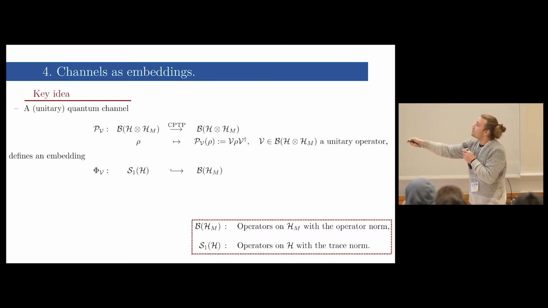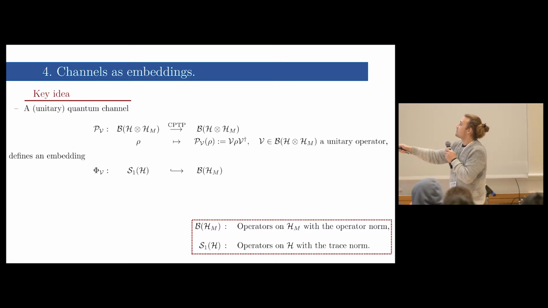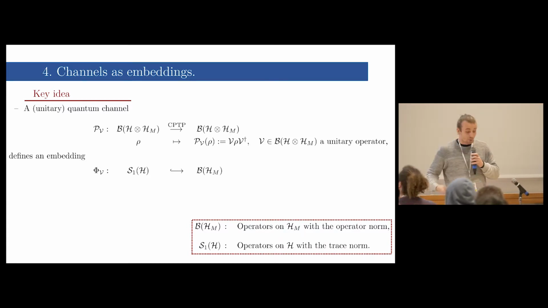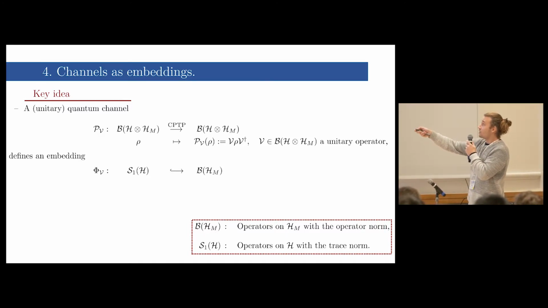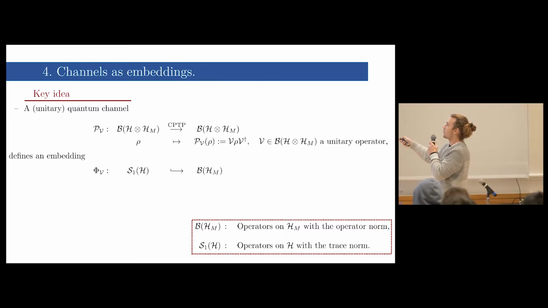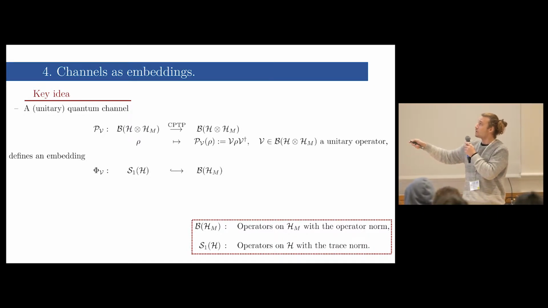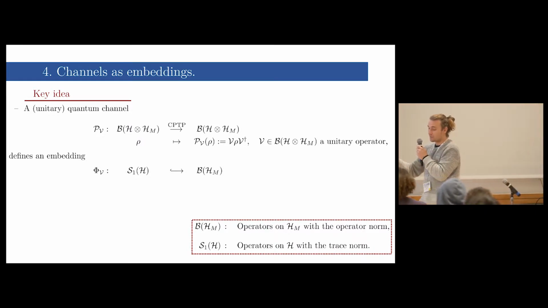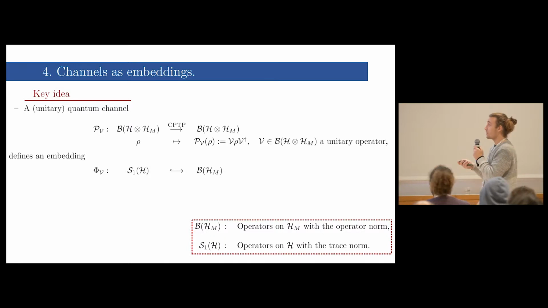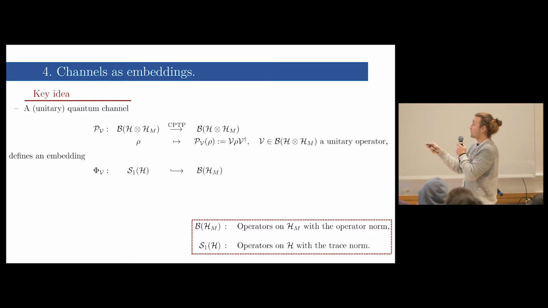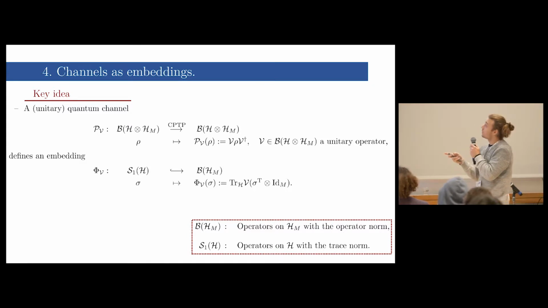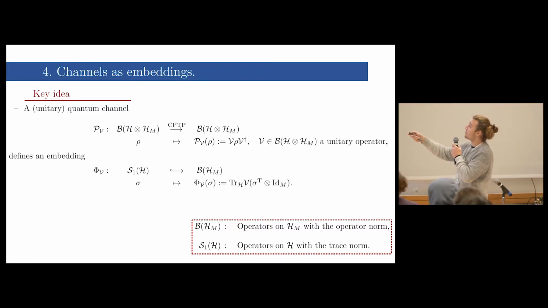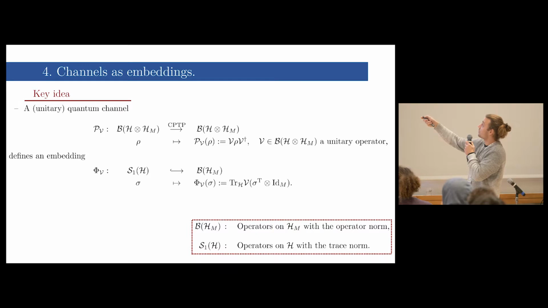Here I'm denoting with S1 of H the space of operators on our Hilbert space H when we consider the trace norm, and in the second space, B of H means the same space of operators, but endowed with the usual operator norm. The specific structure of our embedding, defined by this unitary V, looks like that.